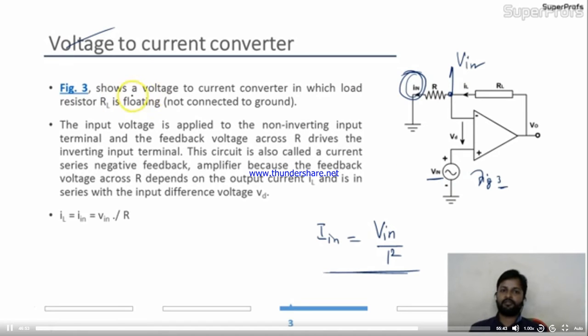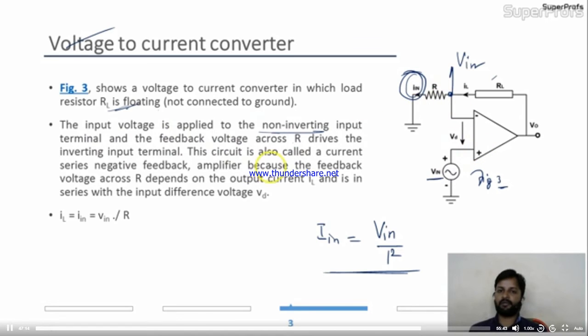See, this shows a voltage to current converter in which the load resistor RL is floating, or not connected to ground. This RL is not connected to ground. The input voltage is applied to the non-inverting input terminal and the feedback voltage across R, where is the R? Here.